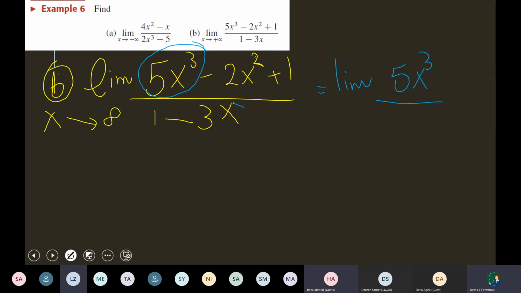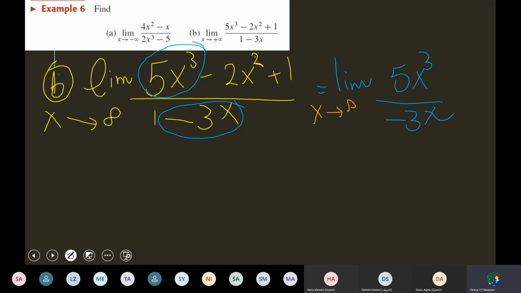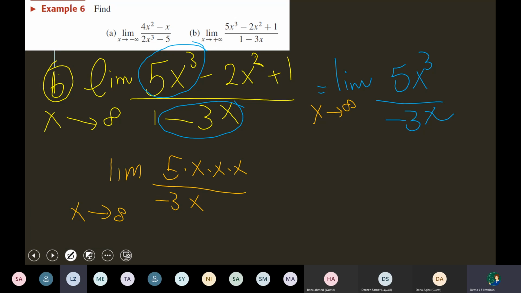And in the denominator, it is negative 3x. Then, let's simplify it. Here I have the limit of 5 times x times x times x over negative 3x. So I have now the limit of negative 5x squared over 3 when x approaches infinity.